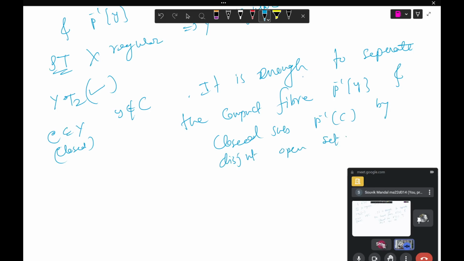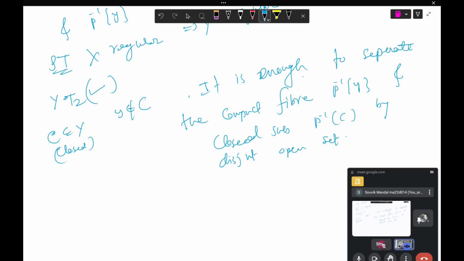So first tell me, do you understand this or not? We are taking y outside of C. Now in order to separate y and C, we only need to show that the fiber P inverse y and the closed set P inverse C can be separated by disjoint open sets.